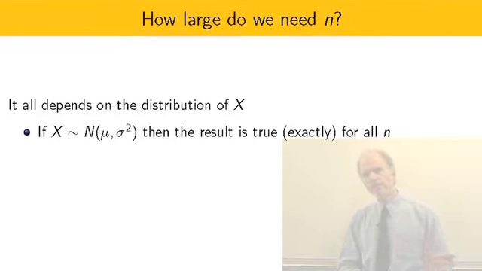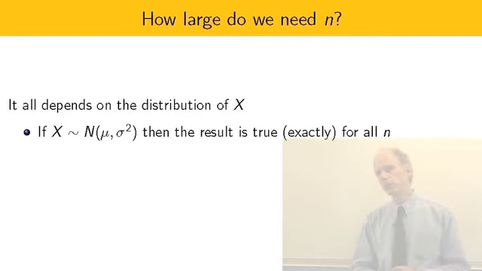First of all, if x is normally distributed, then the result holds exactly for any value of n. Clearly n equals 1, the sample mean, or x bar, is just x, and it's already normal, and it holds, in fact, for any value of n in the case that x is normal itself.